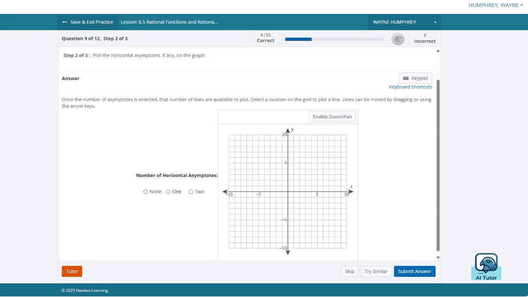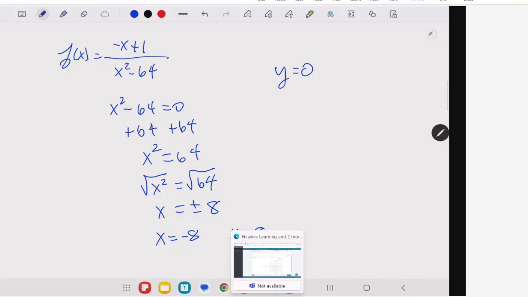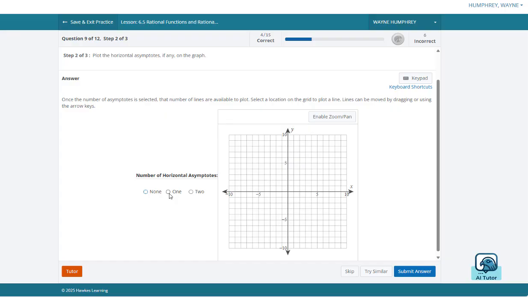So let's go back to the notepad. So n is less than m, so y equals 0 would be our horizontal. So there is 1, and they want us to plot it, y equals 0.